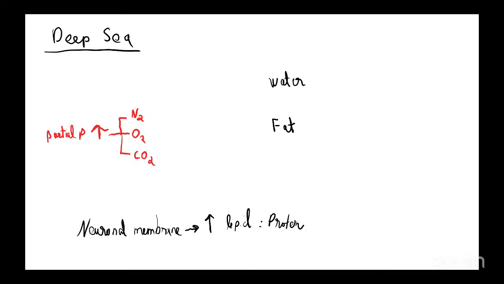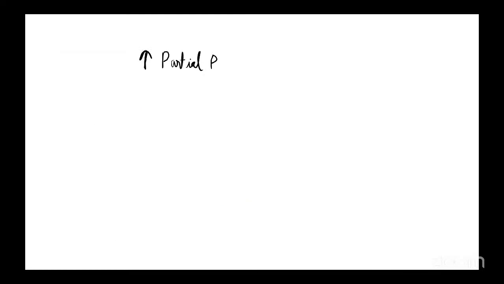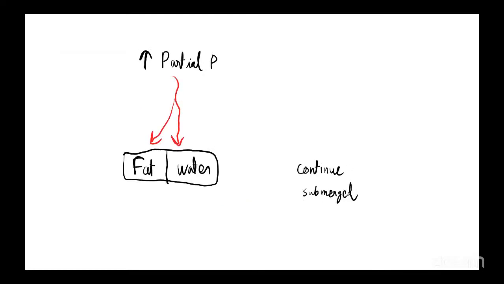So we have water and fat. Into the water it will get dissolved, or it can go into the fat as well, especially things which are fat-rich, where lipid content is higher. One example is the neuronal membrane, which has a higher lipid to protein ratio. When the partial pressure is increasing, it gets saturated into this, considering you stay there long enough.